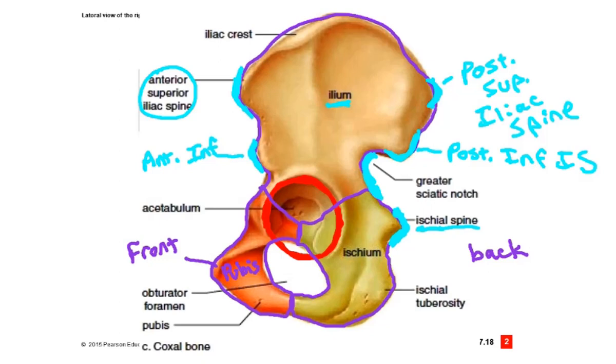The ischial tuberosity, and remember what I just said, if it has the word tuber in it or anything like that, like tubercle, tuberosity, a muscle attaches there because it's a rough area. If you can see this rough area here.